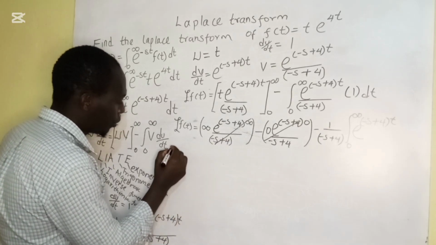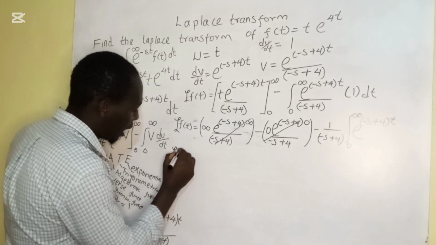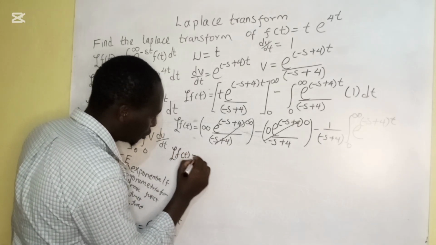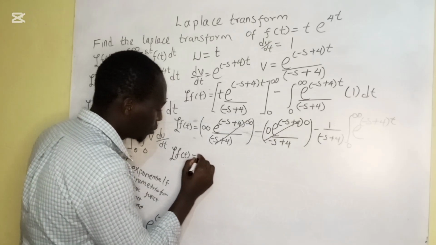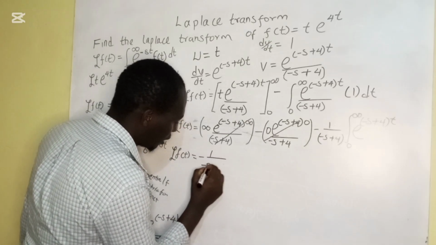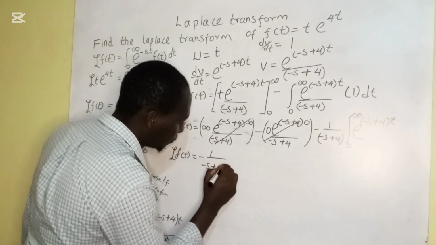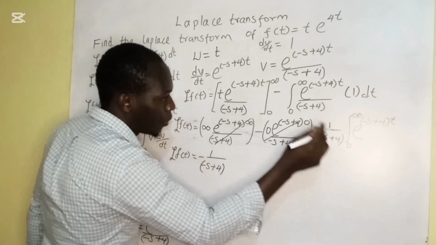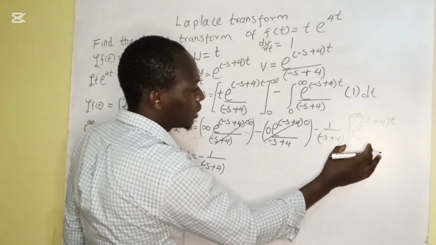This means that we are going to be left with the Laplace transform of our function f of t equal to negative 1 all over negative (s + 4), multiplied by our integration here.